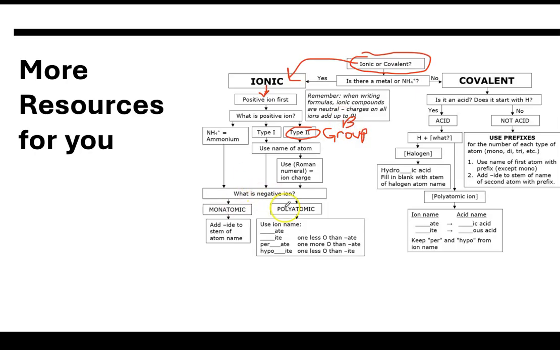The negative ion, again, can be a polyatomic ion. If it's not a polyatomic ion, if it's just a regular single ion, you add IDE to the name. And for the polyatomic ions, you just use the name. And so that's where we are right here. We will be moving on to covalent compounds as well.